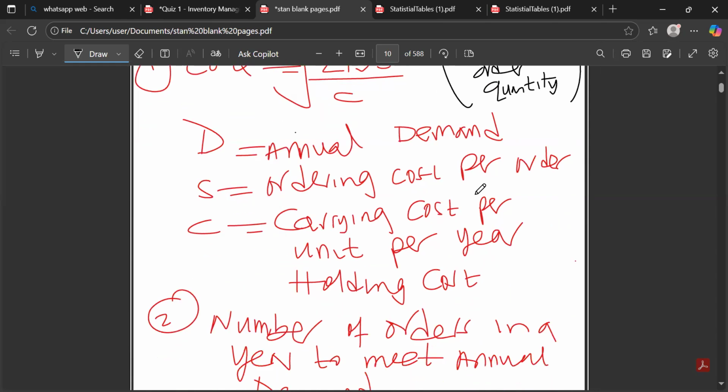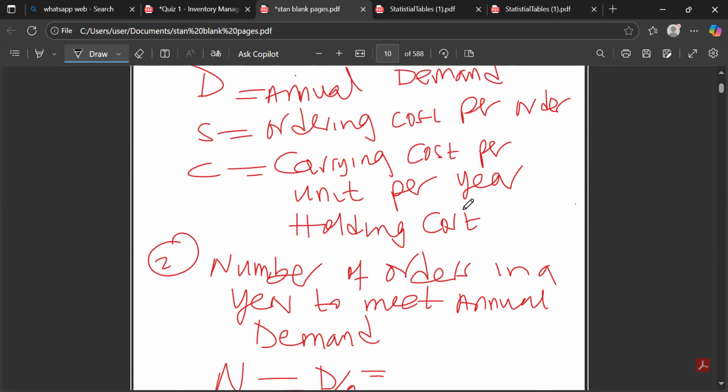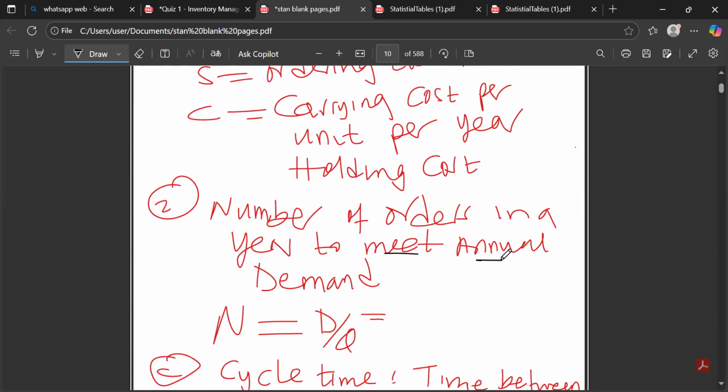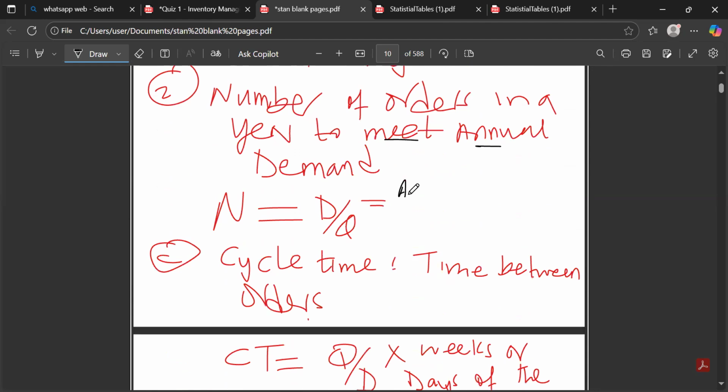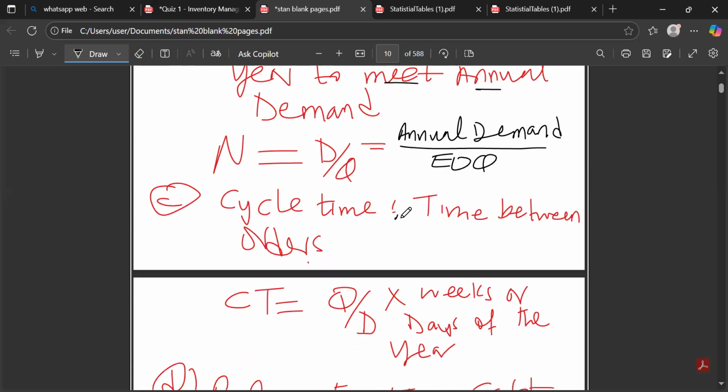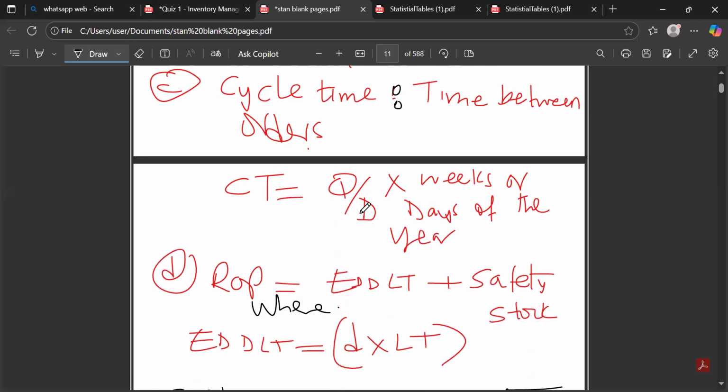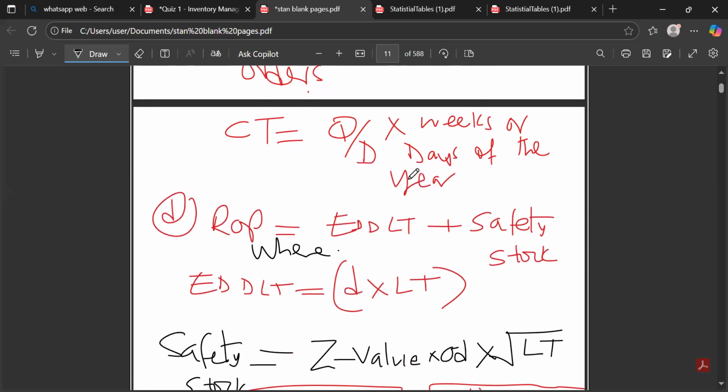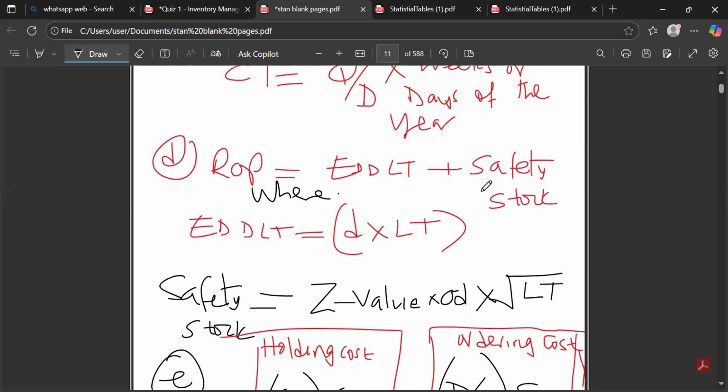The number of orders in a year to meet annual demand is annual demand over the EOQ. The cycle time between orders is Q over D multiplied by days or weeks of the year. Reorder point is equal to expected demand during lead time plus safety stock.